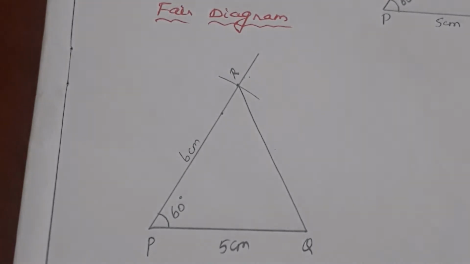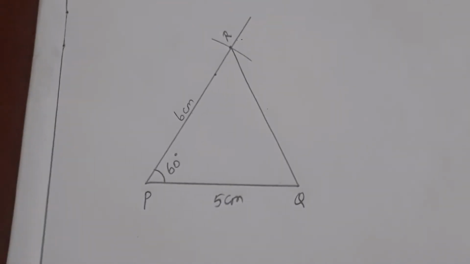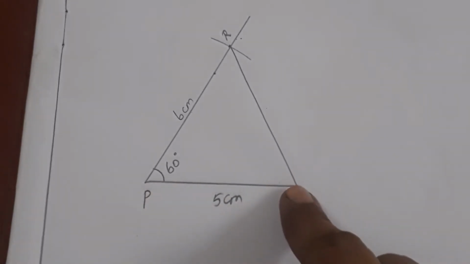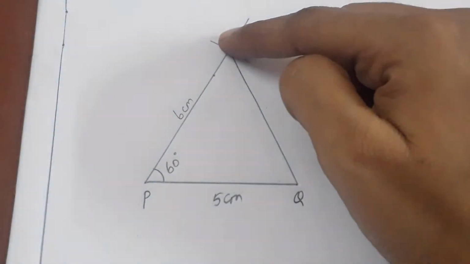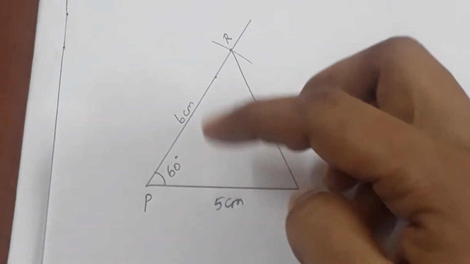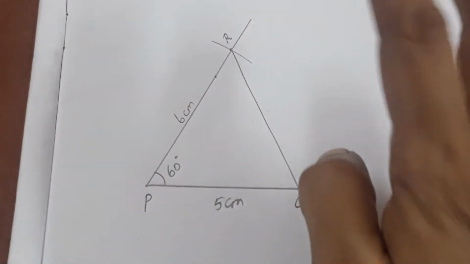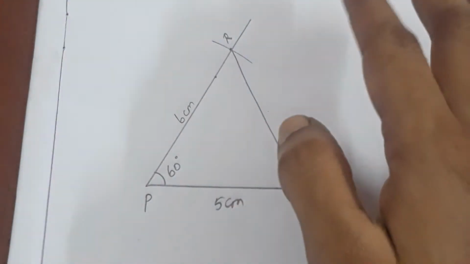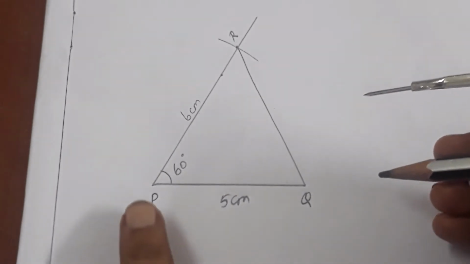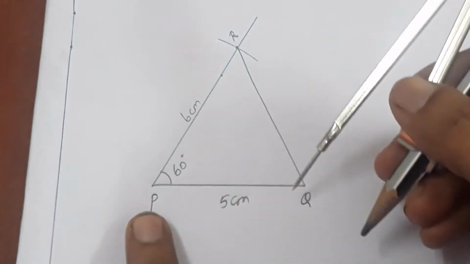Now our next step is to draw perpendicular bisectors of PQ and QR, or PQ and PR. Take any two sides, draw perpendicular bisectors of those two sides. Understood? So first I am going to draw the perpendicular bisector of PQ.